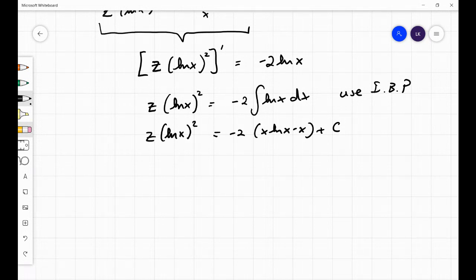Now we're going to solve for z by dividing everything by the integrating factor, including this constant, that can't be forgotten.